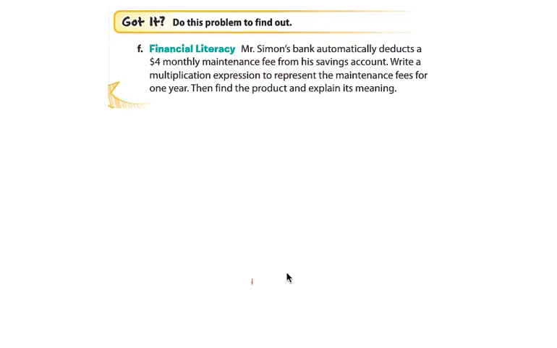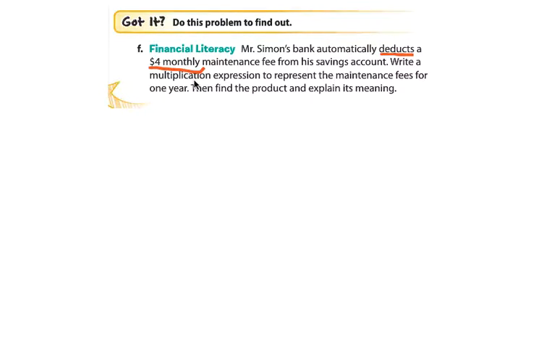Alright, so F says financial literacy. Mr. Simon's bank automatically deducts, here's a key word here, deducts a $4 monthly maintenance fee from his savings account.